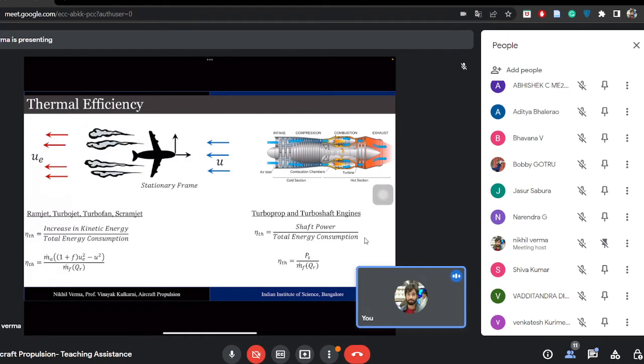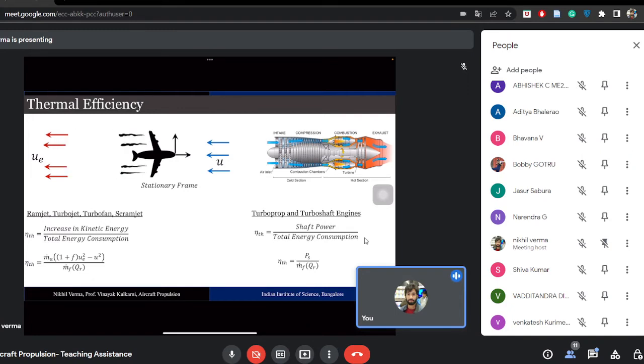As the propulsion efficiency indicated what amount of kinetic energy is being utilized to increase the thrust of the vehicle, the thermal efficiency is the quantification.